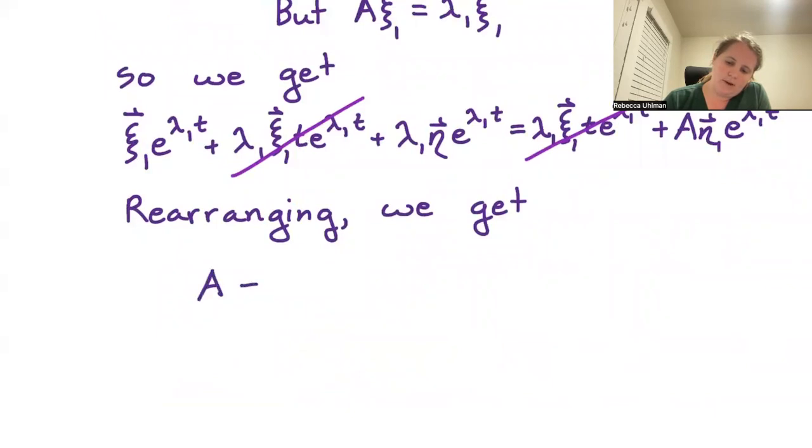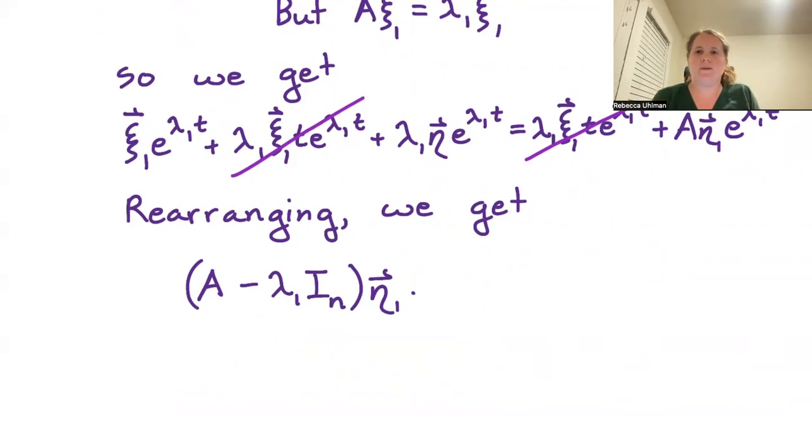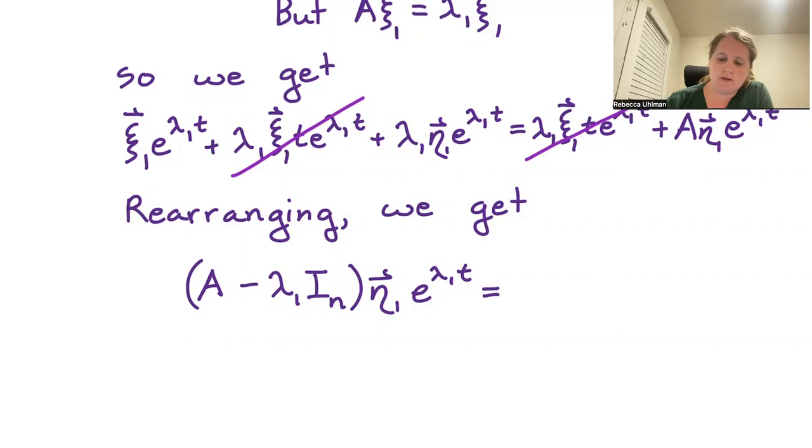we get A minus lambda 1 times the identity matrix, all times eta 1 e to the lambda 1t should be equal to psi 1 e to the lambda 1t.